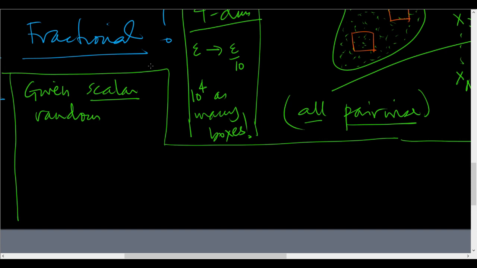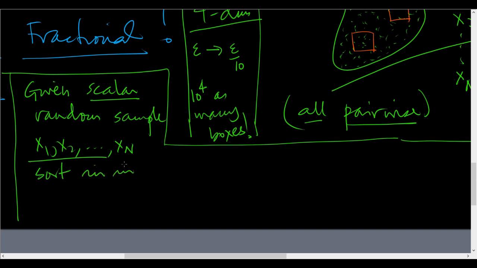Given a scalar random sample x1, x2, up to xn, what we do is we sort in increasing order. Let me say this is sorted. So you take a random sample, you sort it, so it's in increasing order.